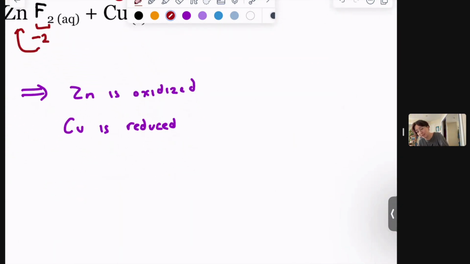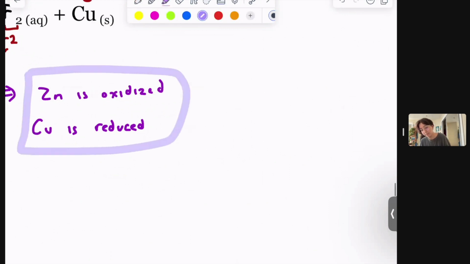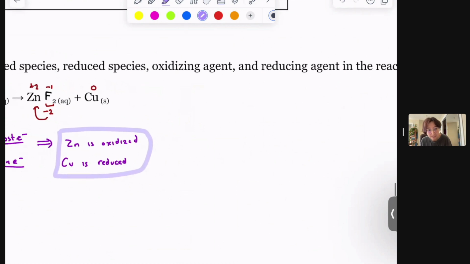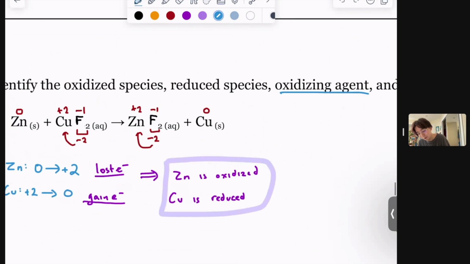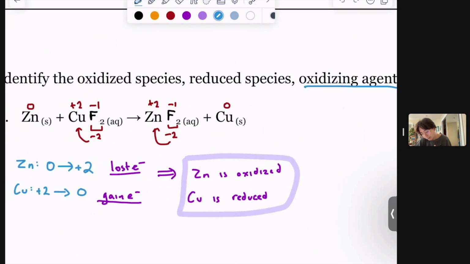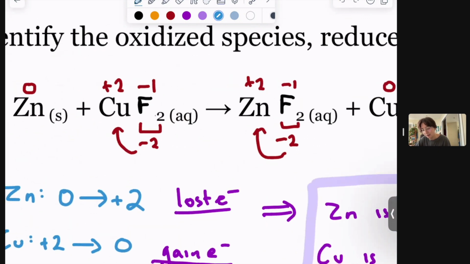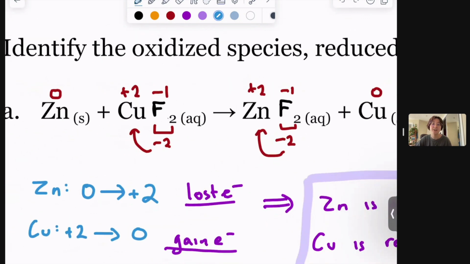Cool. Okay, so we have our oxidized and reduced species. What about our oxidizing agent and our reducing agent? So the oxidizing agent is going to be the thing that helps with oxidation. So we look back over to our reactants and we look at which thing accepted electrons in order for zinc to be oxidized. So I look at my reactants and I consider which one gained electrons.